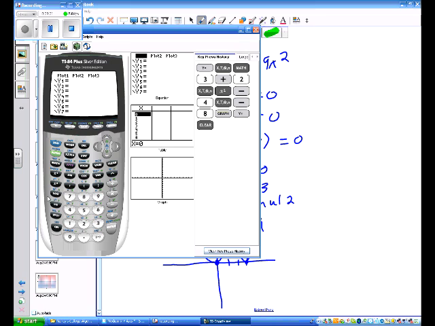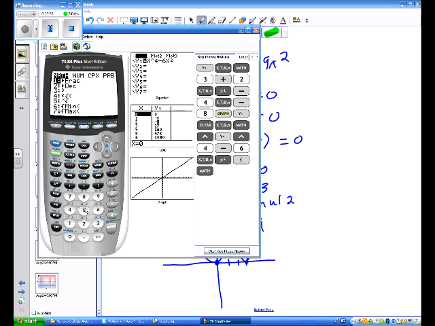So let's put this in. We had x to the 4th minus 6x cubed, excuse me, plus 9x squared.